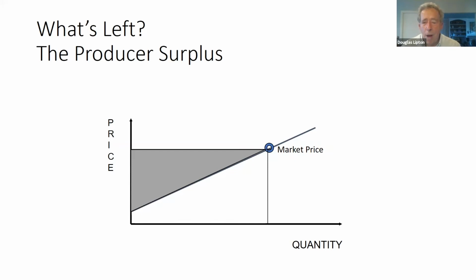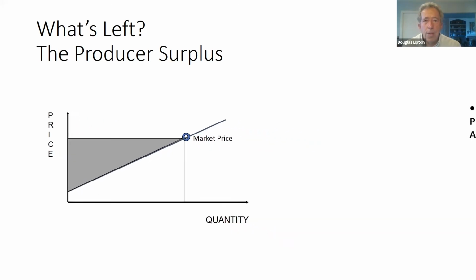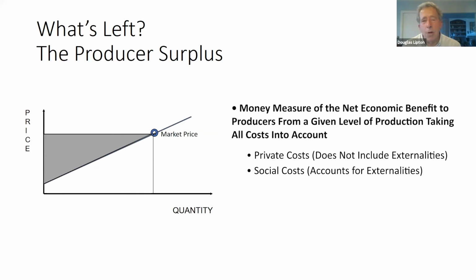And it gives you that triangle, that producer surplus. This is, from a production point of view, the equivalent of that net benefit of production, the difference between the maximum willingness to pay and what you're willing to pay. It's the producer equivalent. We call that producer surplus.